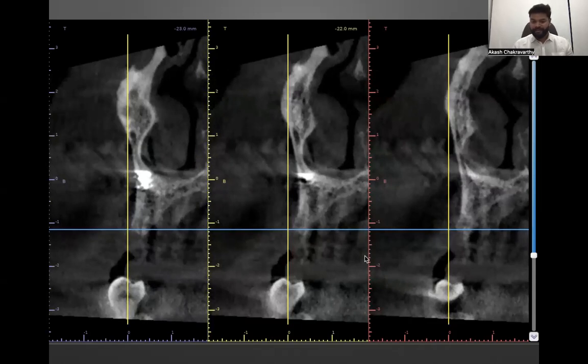The tip of the implant is engaging the cortical plate over there. By doing this extra tilt in the palato-buccal orientation, you are gaining 1 or 2 more millimeters of length of the bone. That is more BIC, and then you are able to engage the very good cortical plate.